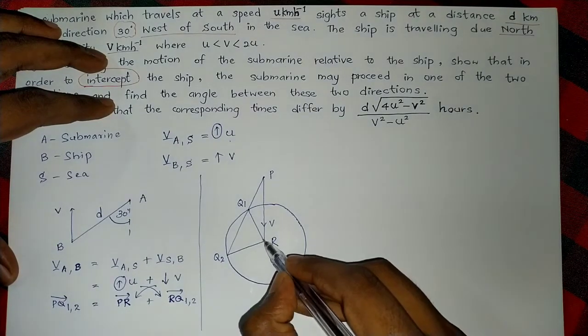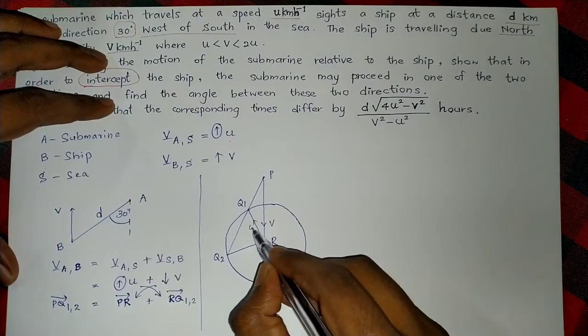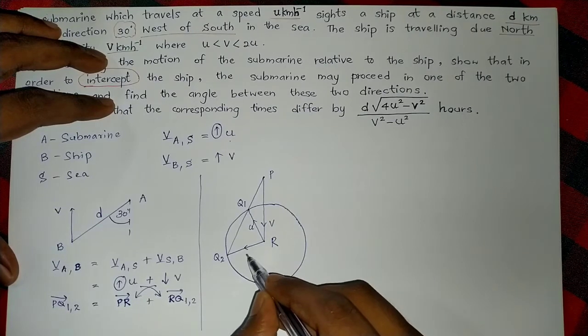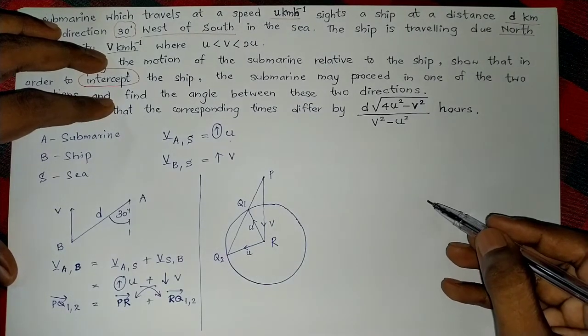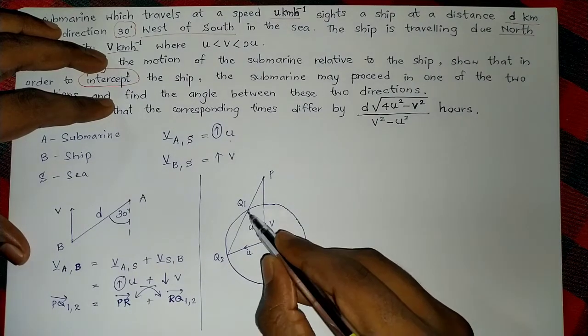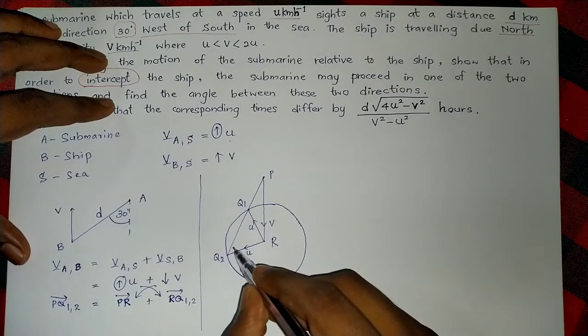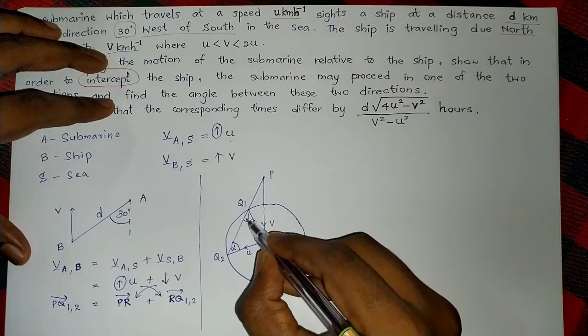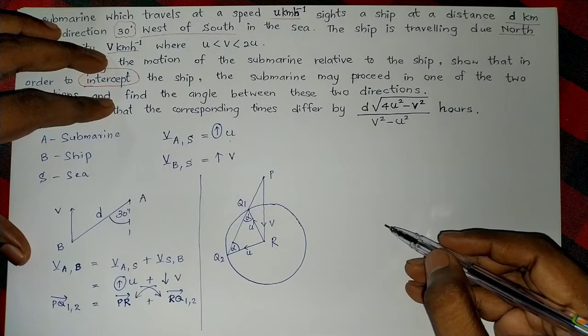So this is the second vector, which is equivalent to U. This is the second vector equivalent to U. These two lines are radius of the circle. So I can label these angles. They are equal. They are alpha.